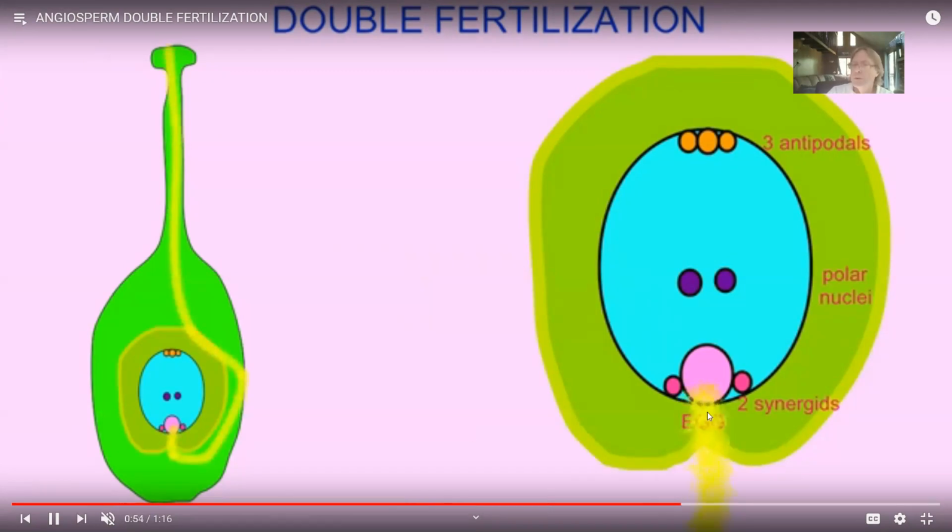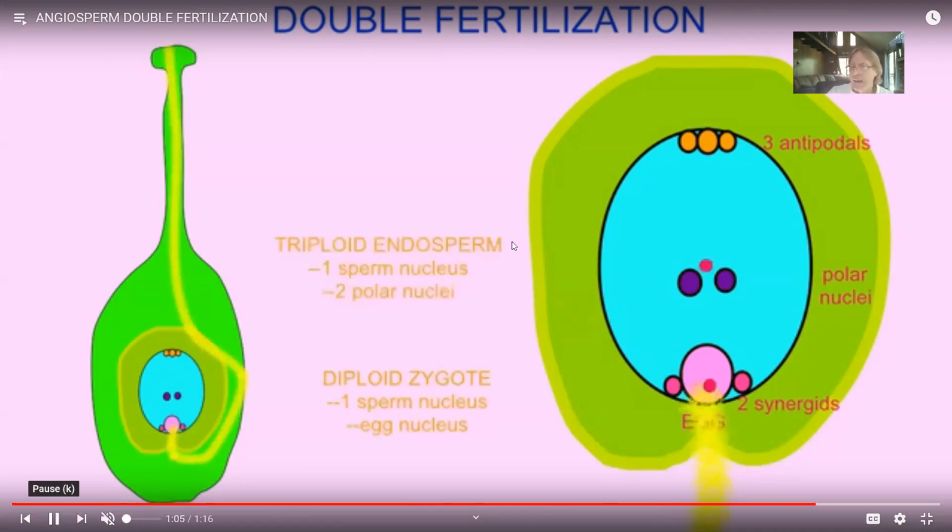One haploid nucleus will fertilize the egg, but one haploid nucleus will then fertilize the cell that has the 2 polar nuclei and form what's called the triploid endosperm. So there was a double fertilization. 2 sperm nuclei produced a diploid cell here as a haploid sperm nucleus fused with a haploid egg nucleus. And then here, the endosperm, which is now triploid, because 1 sperm nucleus fused with 2 polar nuclei.